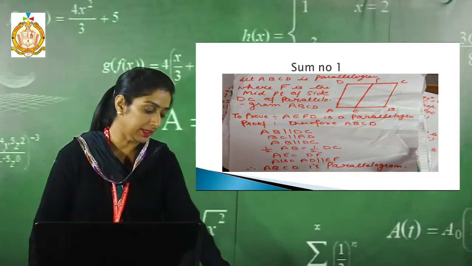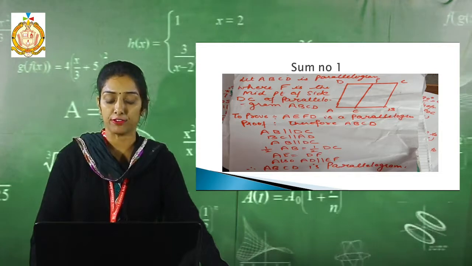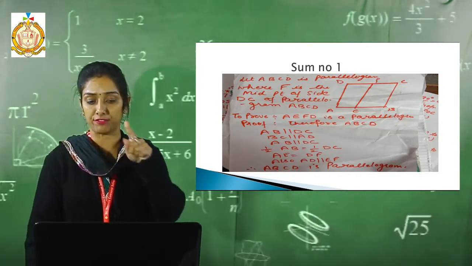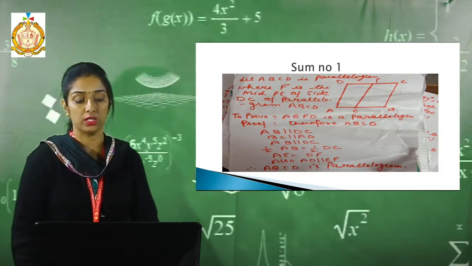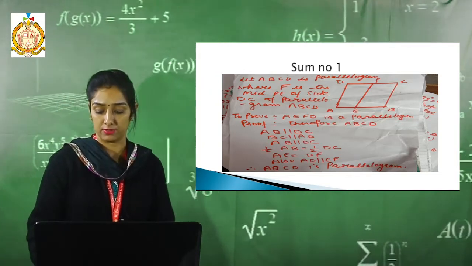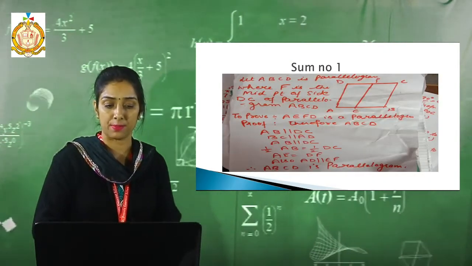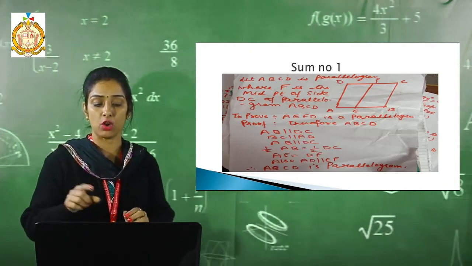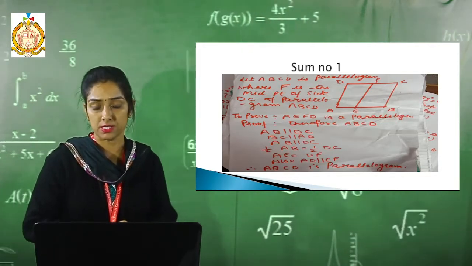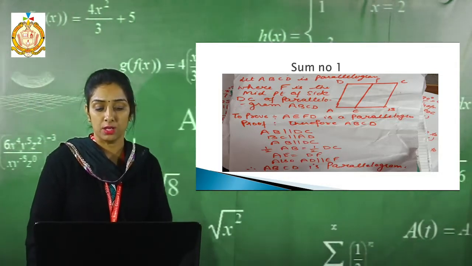Now he said to prove that AEFD is a parallelogram. So students, first of all we have ABCD a parallelogram, where E and F are midpoints of AB and DC of parallelogram ABCD, right? Now we have to prove that AEFD is a parallelogram.